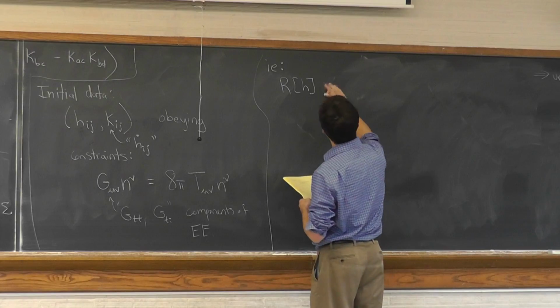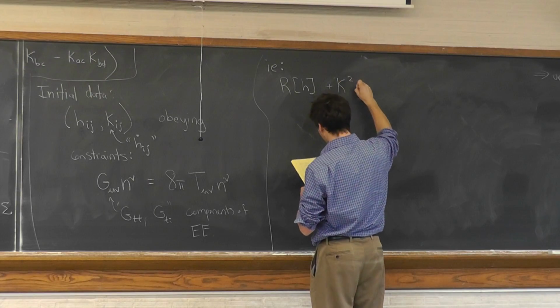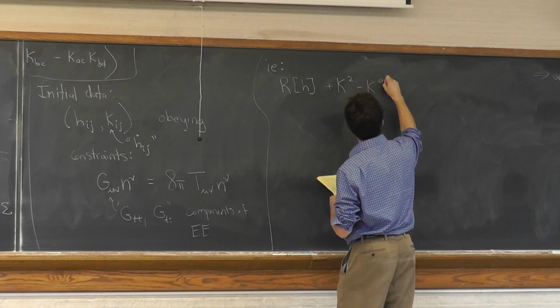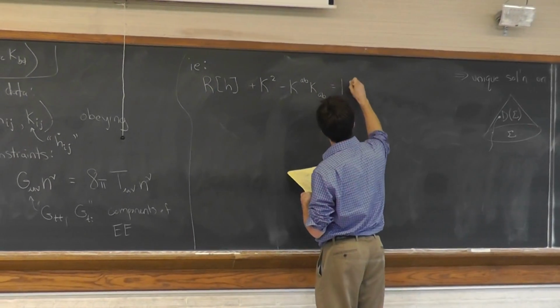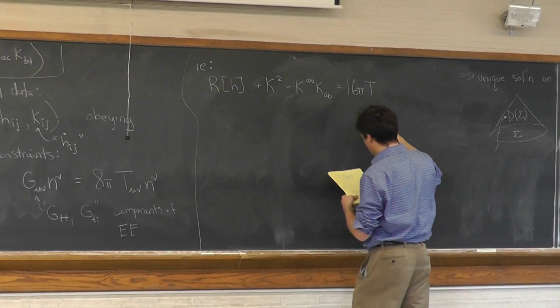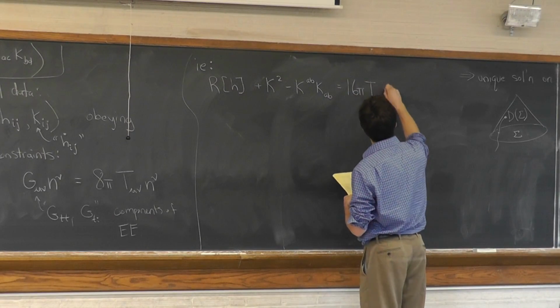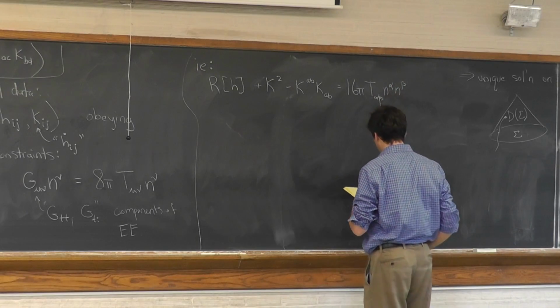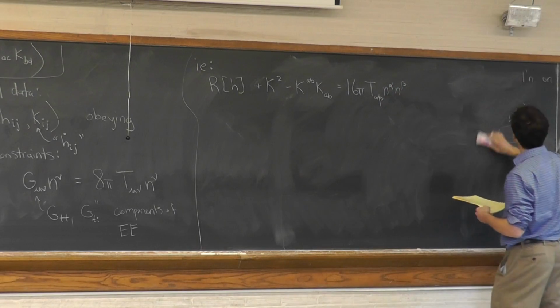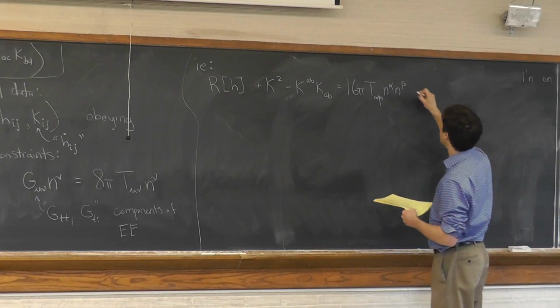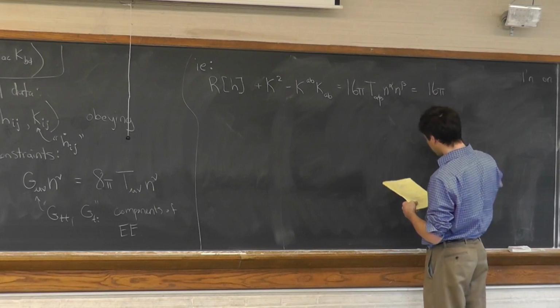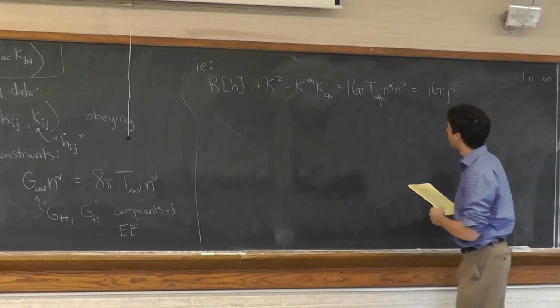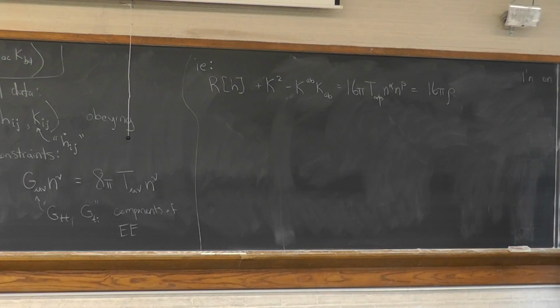R of h plus k squared minus K_AB K^AB equals 16 pi T_alpha beta n^alpha n^beta, which you should think of as 16 pi times the energy density as measured in the frame that we're working in.